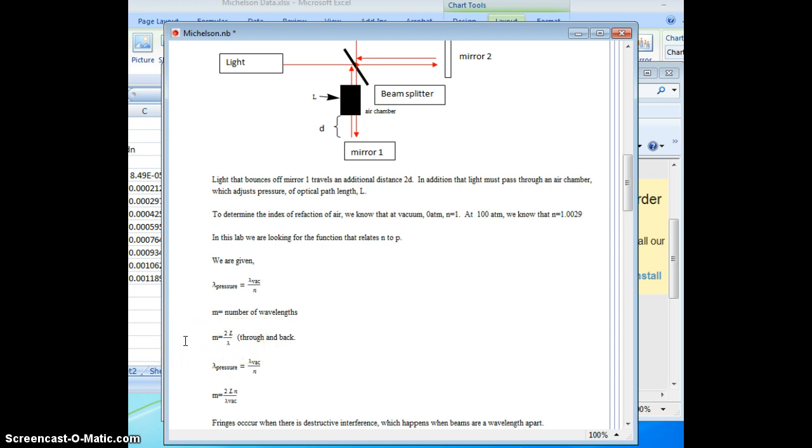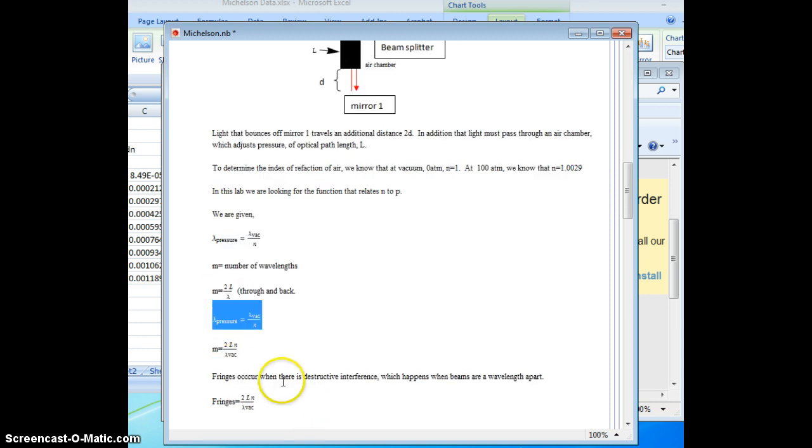The reason it's 2 is because the light passes through back and forth two times before it hits our screen. So lambda pressurized, we'll call it, is that, and then we can just do some substitution. M, the number of wavelengths, is 2L n over lambda vacuum, which is 632.8.